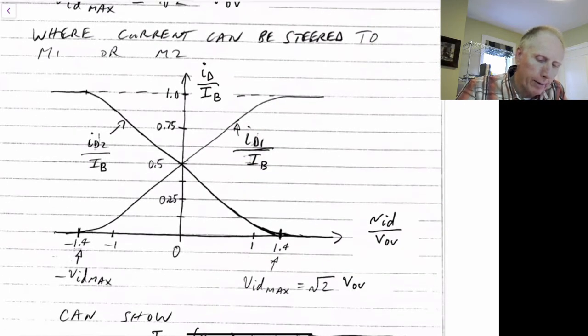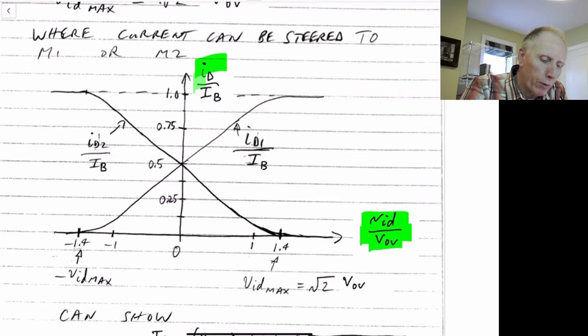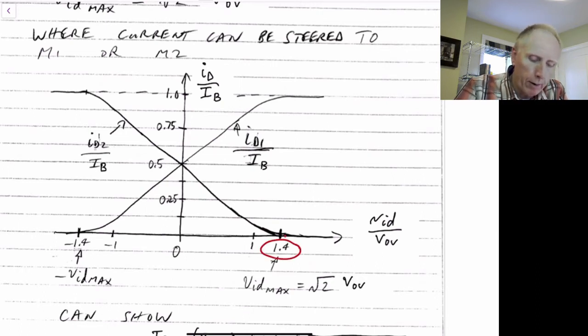So we can plot then the value of VID relative to the overdrive voltage versus the current through the transistor relative to the bias current IB. And what we see is that when VID max equals 1.4, then none of the current here. This curve here is the curve for ID2, whereas this curve here is a curve for ID1.